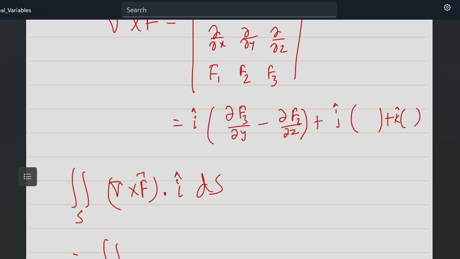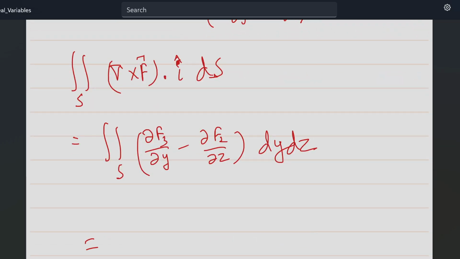Curl F dot i hat is the first component only, right? Because i dot i is 1, but i dot j is 0. And ds is nothing but dy dz here, because I am taking the outer normal as i hat. So i hat means the x-axis, so it is the yz plane, the outer normal of the surface.